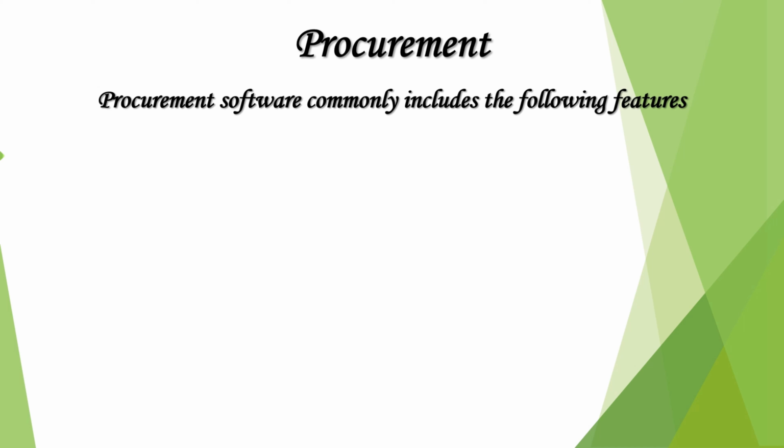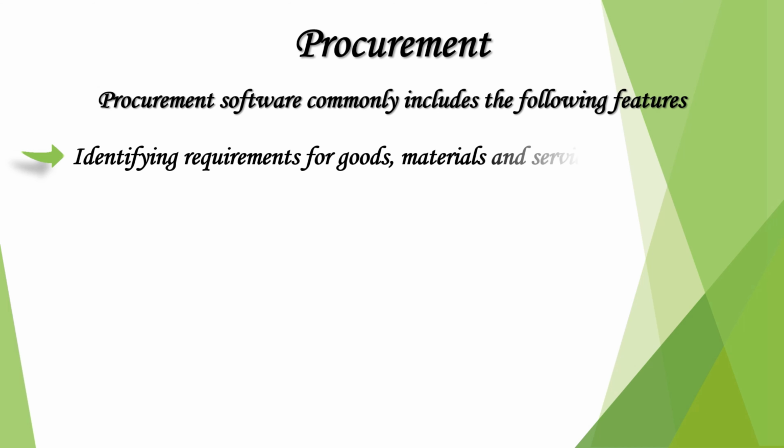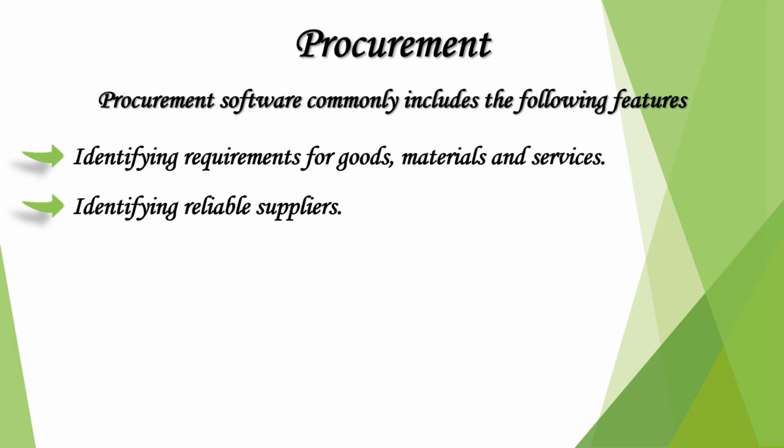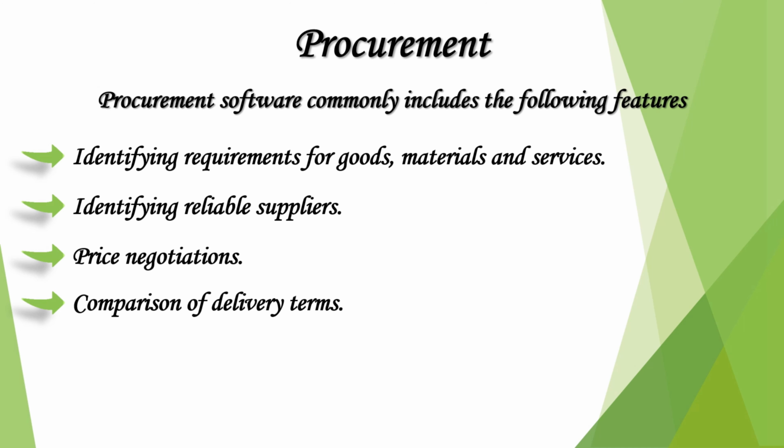Procurement software commonly includes the following features: identifying requirements for goods, materials and services. Identifying reliable suppliers. Price negotiations. Comparison of delivery terms. Establishing order quantities.